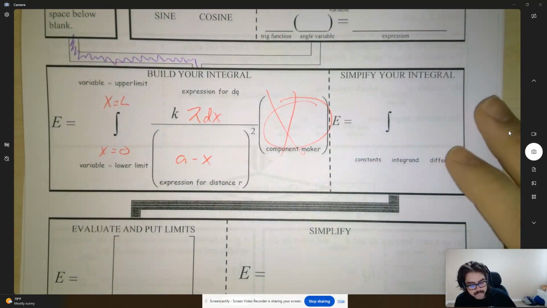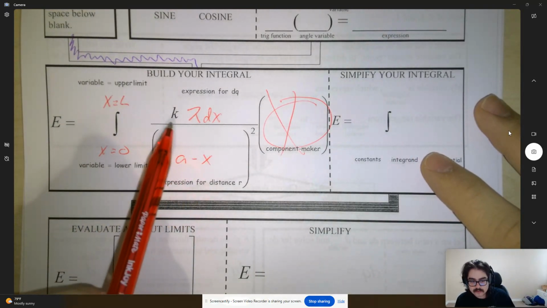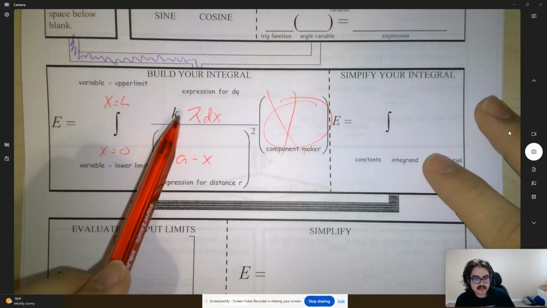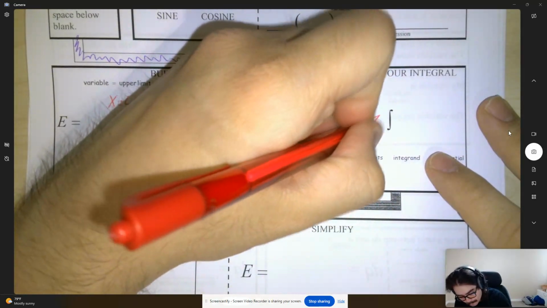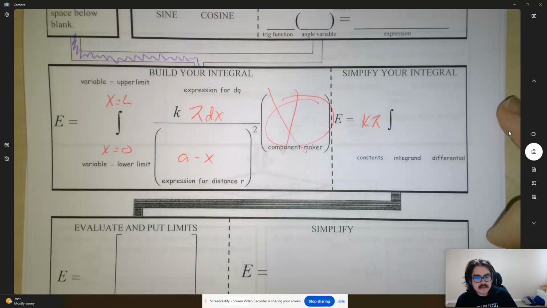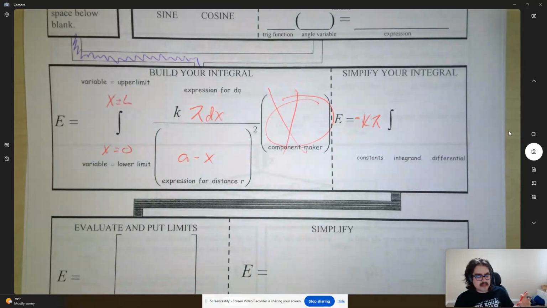To simplify my integral, I'm going to pull my constants out, so anything that's not in terms of x. K and lambda are not in terms of x. I'm going to have to pull out a negative as well, and the reason is because I'm going to do u substitution.